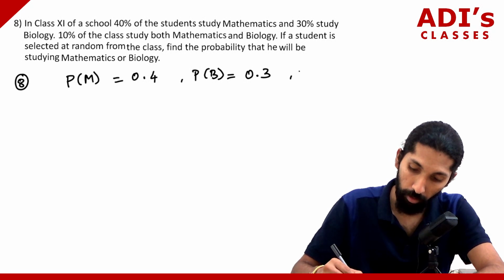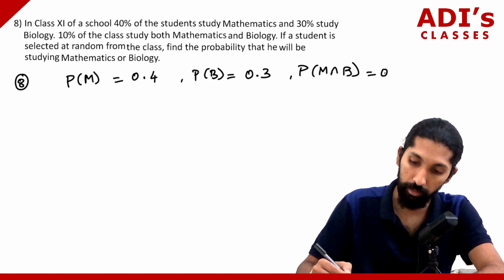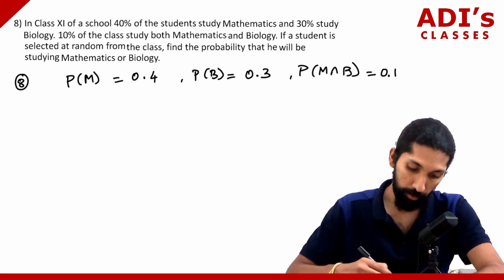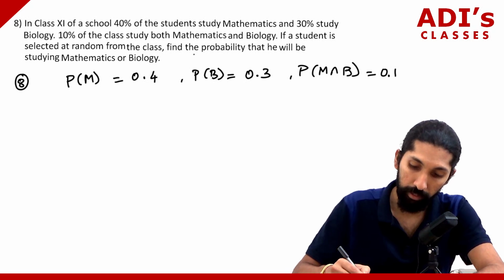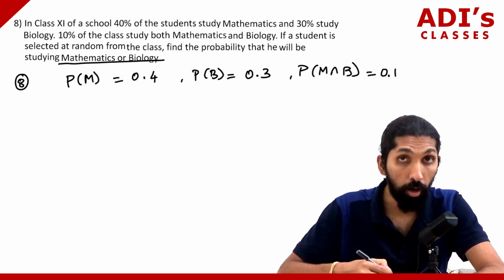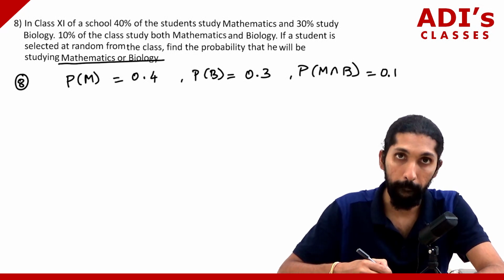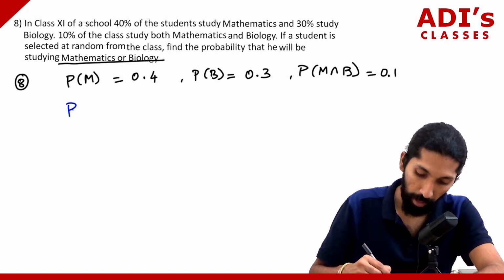That means P(M intersection B) is 0.1, 10%. If a student is selected at random from the class, find the probability that he will be studying math or biology. When you have or, isn't that union? So they're asking you to find P(M union B).